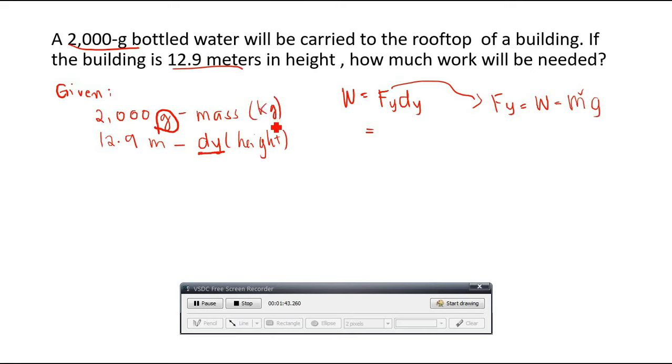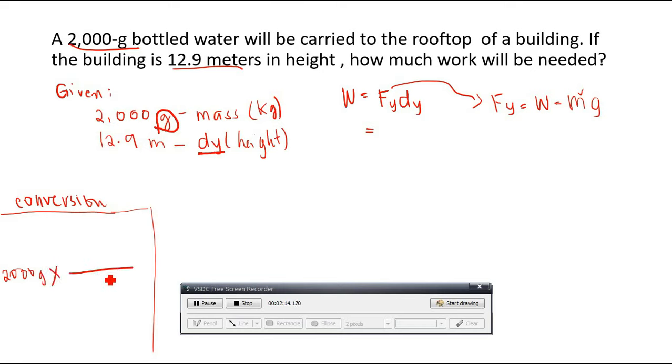So the first thing that you have to do is to convert 2,000 grams to kilograms. Let's make a box here and do the conversion. Let's convert 2,000 grams to kilograms. That will be 2,000 grams times a bar.